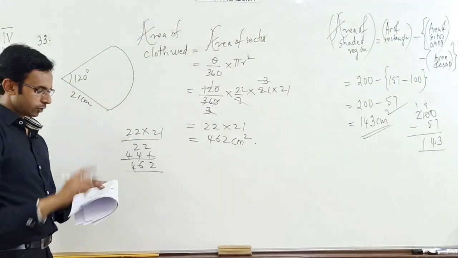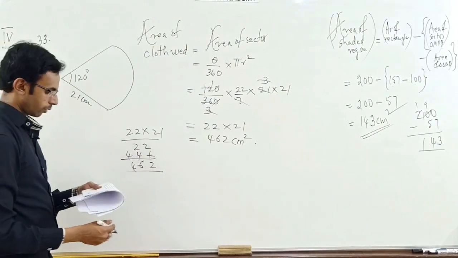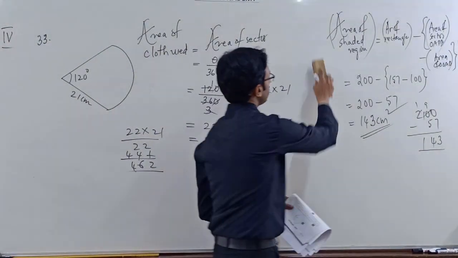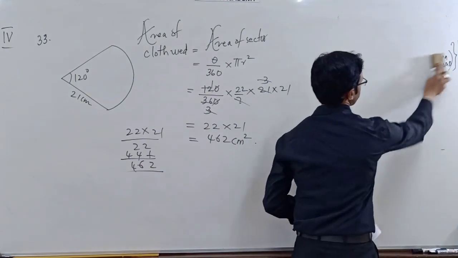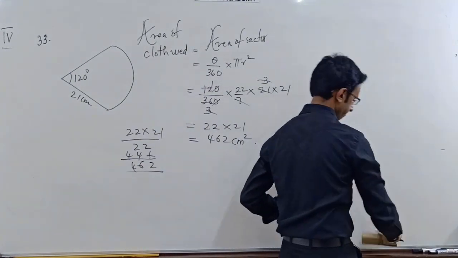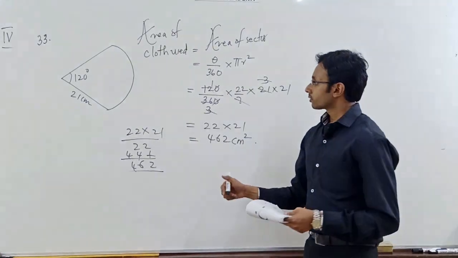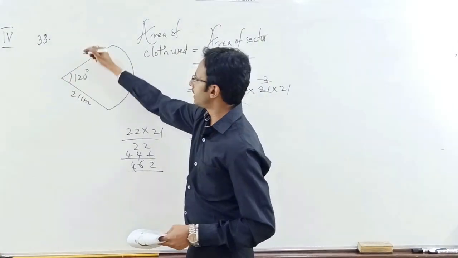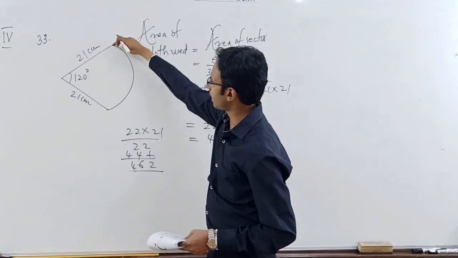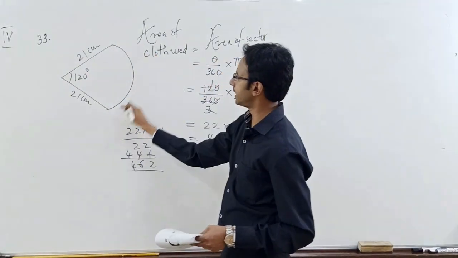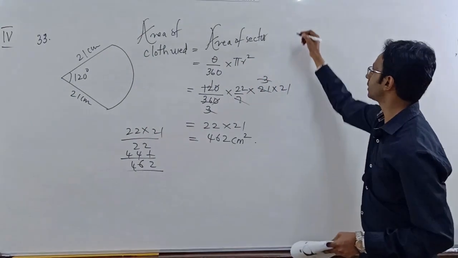Also they are asking to find the total length of the metallic wire required to make such a fan. Length of all the 3 sides of the metallic wire has to be calculated. So you know that this is 21 centimeter plus this is also 21 centimeter. So 21 plus 21, 42. We need to just calculate this length, which is nothing but length of arc of a circle.